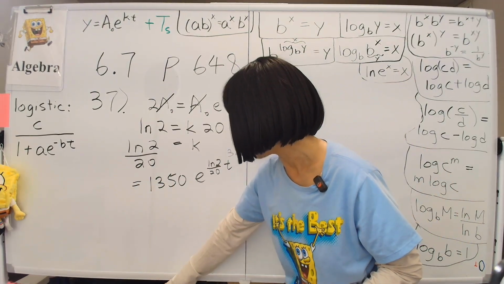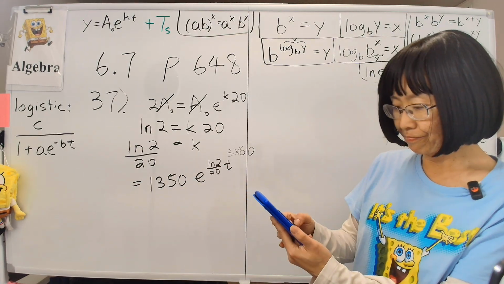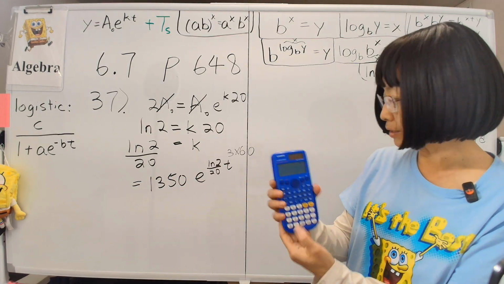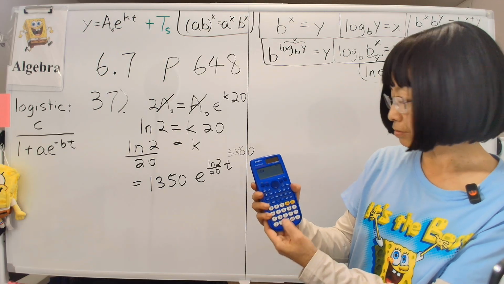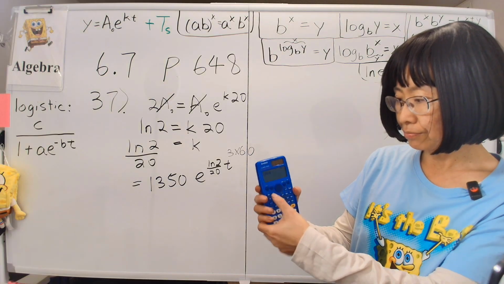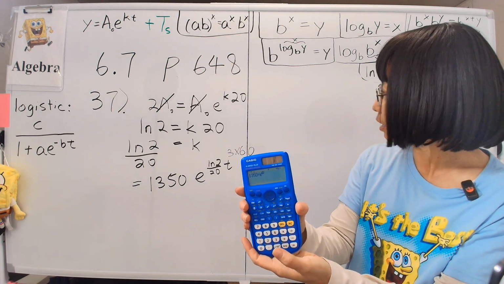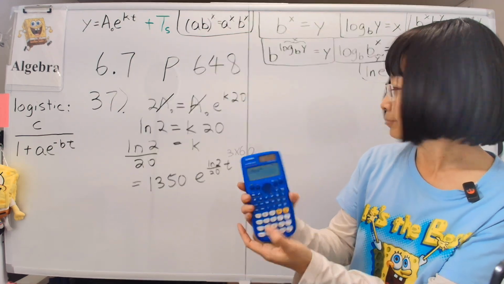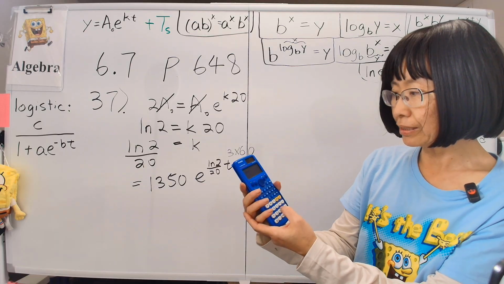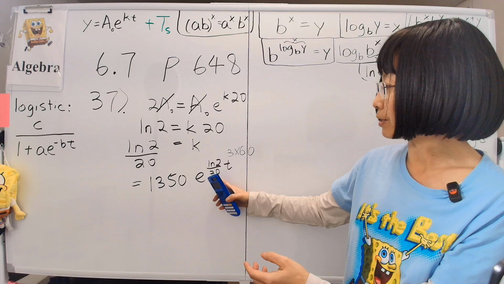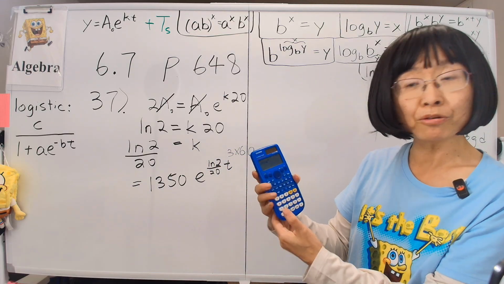So let's do that. To do that, we will follow this formula again. I will clear it out and let's type it in. 1350 times shift natural log, that gives me the e. Parentheses, natural log of 2 over 20. I'm going to type in this formula again instead of writing down the decimal point because that gives a somewhat more accurate answer.